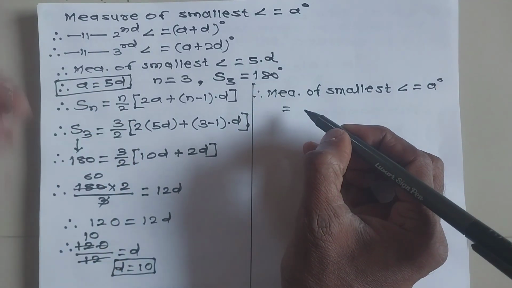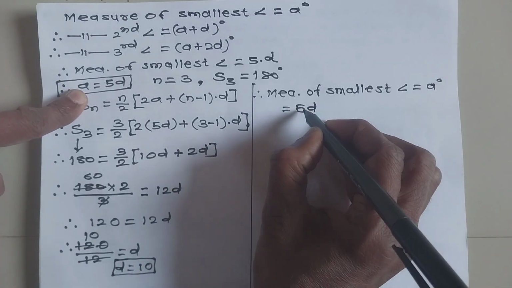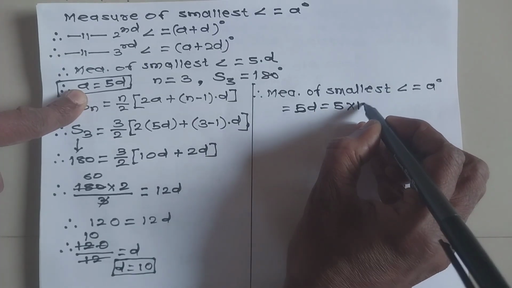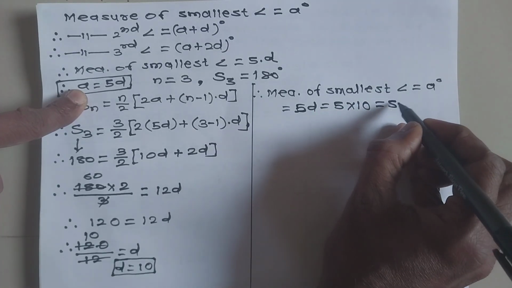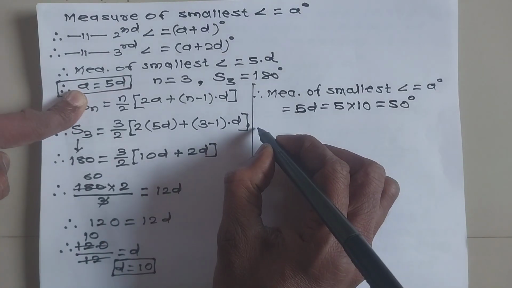Therefore, a is equal to 5 into d, which is 5 into 10, is equal to 50 degrees. This is the measure of the smallest angle.